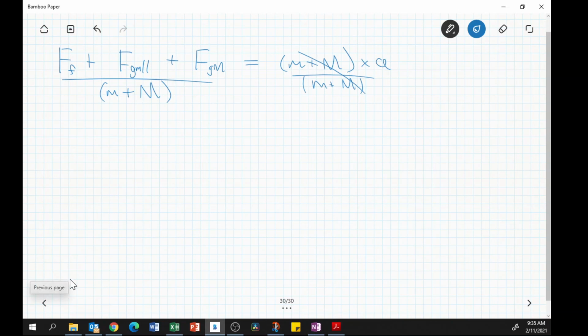Either one. Now, can you guys help me out? What was the frictional force that we were given in the question? 946? 1036. What was our gravitational force in the parallel component? 2,513 point, what was it? 285? Yep.